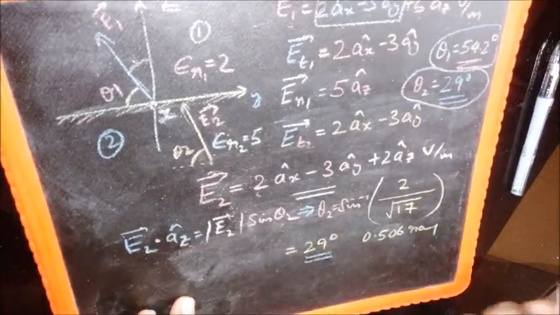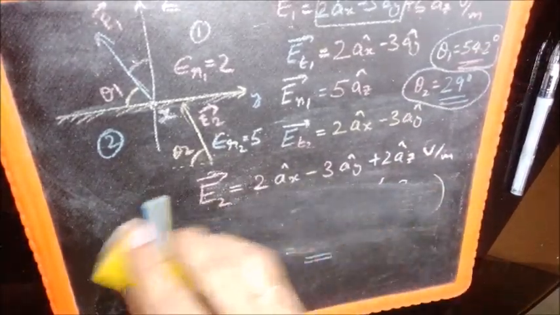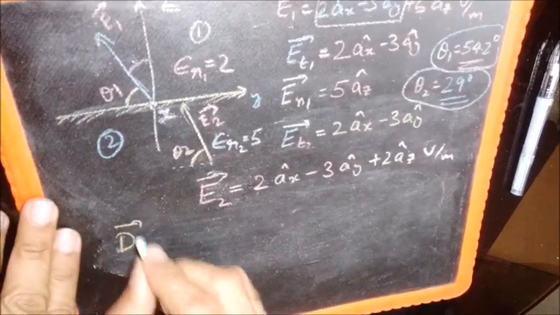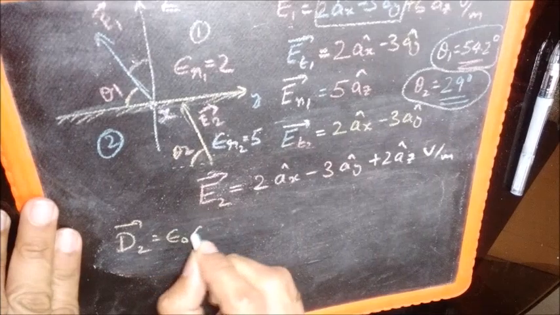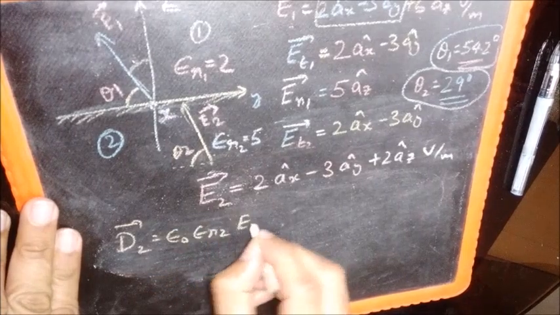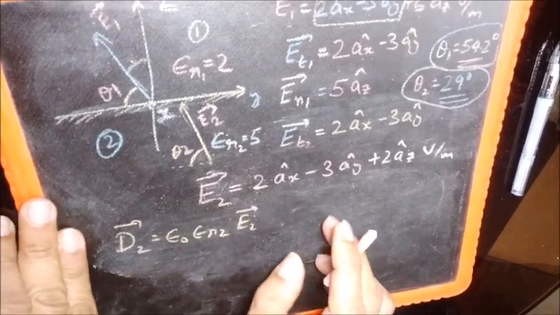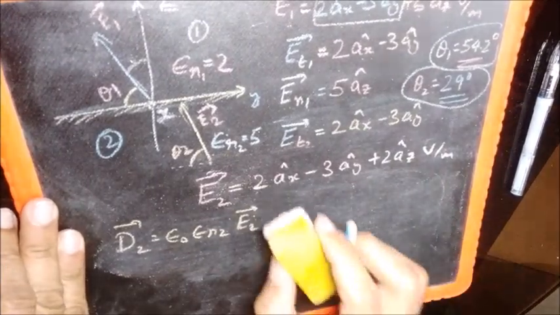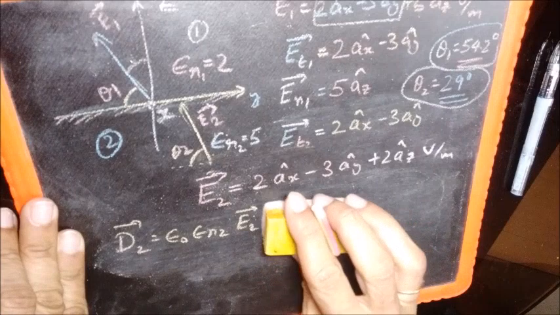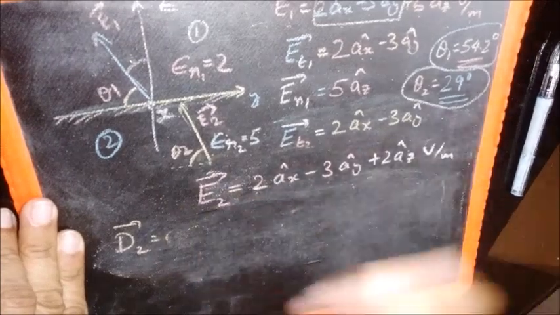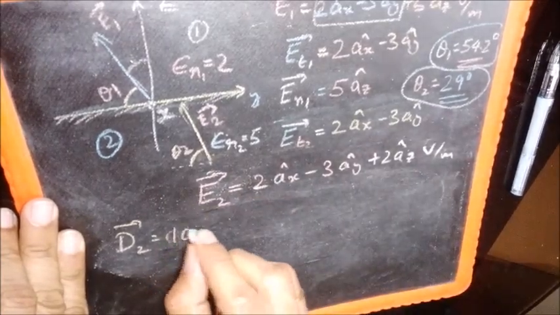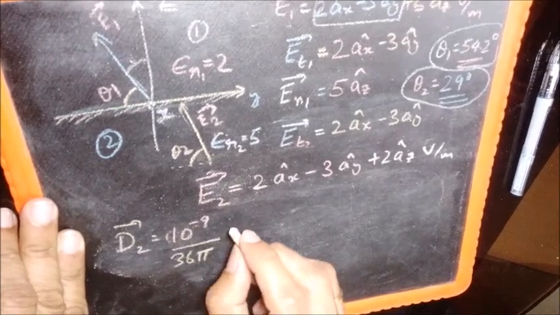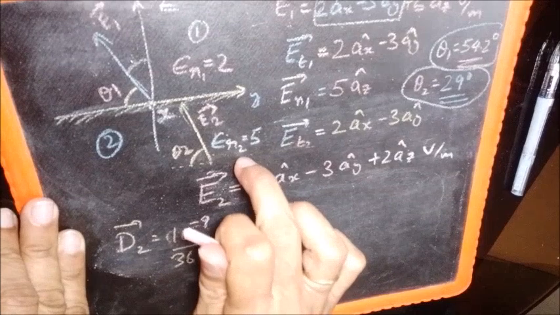Now D2 is quite straightforward because again we know the relation. D2 is epsilon naught epsilon r2 E2. It's a homogeneous isotropic medium, which means that epsilon naught we can approximate as 10 power minus 9 by 36 pi. Epsilon r2 is 5.